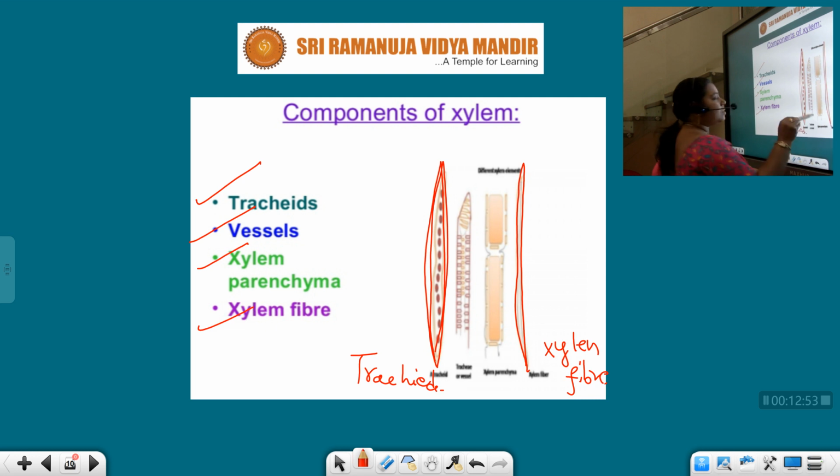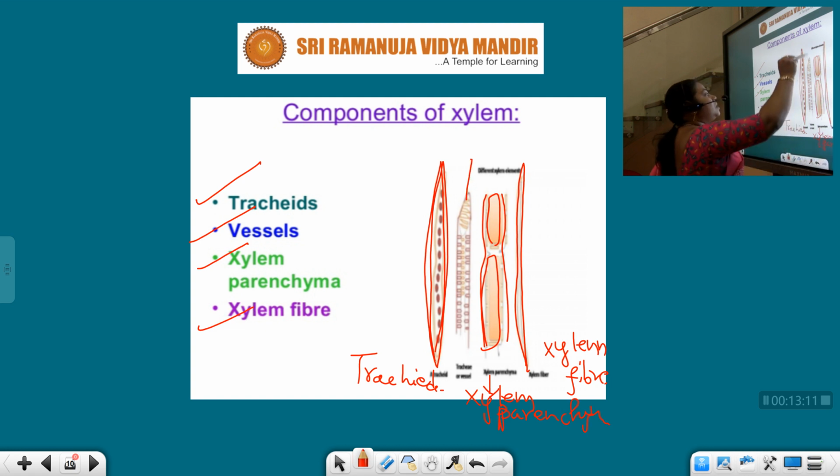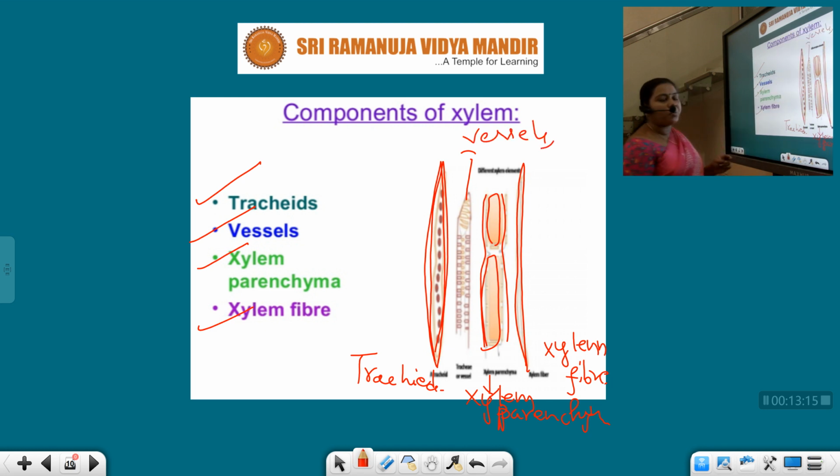This one, students, is xylem parenchyma. This is the vessels, xylem vessels. Four components: xylem vessels, tracheids, parenchyma and xylem fiber.